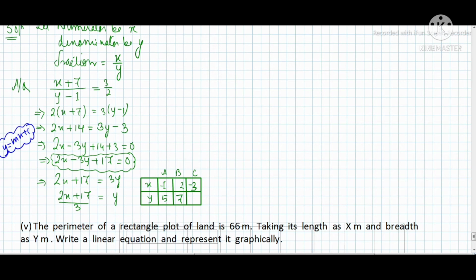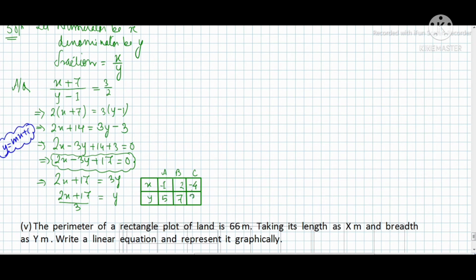Minus 6 plus 17 is 11, and that is also not divisible. Now if I take minus 4, then 2 fours are minus 8, plus 17 is 9. So 9 is divisible by 3.